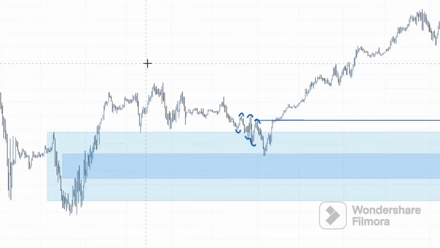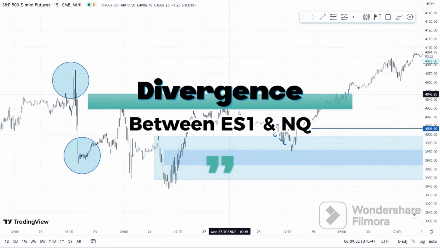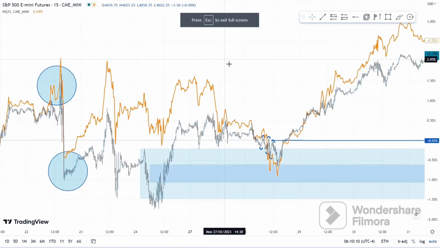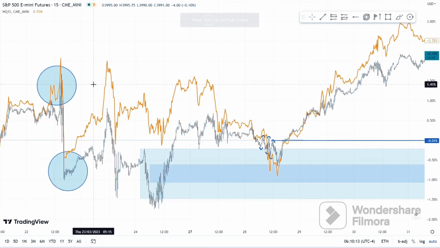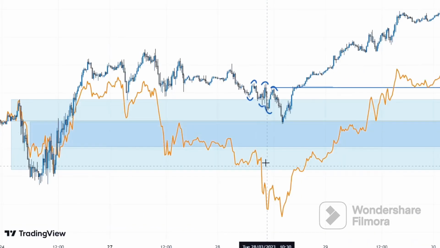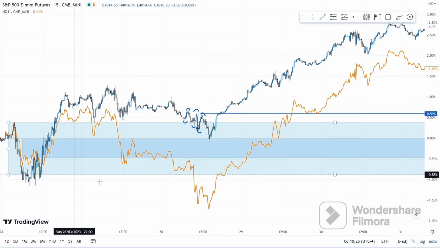If you want to increase your accuracy, a suggested way to do so is to look for divergences between the indices. One of the best divergences you can find is the divergence between ES1 and NQ. To do so, you simply put NQ's chart over your ES1 chart. And here, there is a bit of divergence.